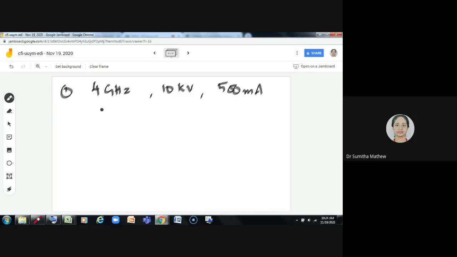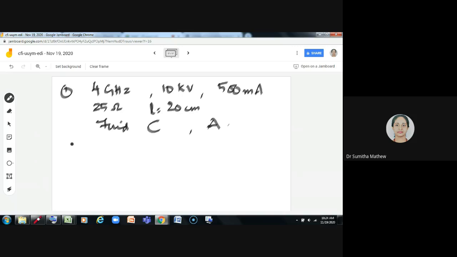If the helix impedance is 25 ohm and interaction length is 20 centimeters, find the gain parameter C and output power gain A. So these things are given: 4 gigahertz is the operating frequency, beam voltage, beam current, impedance, and length. L is equal to 20 centimeter.